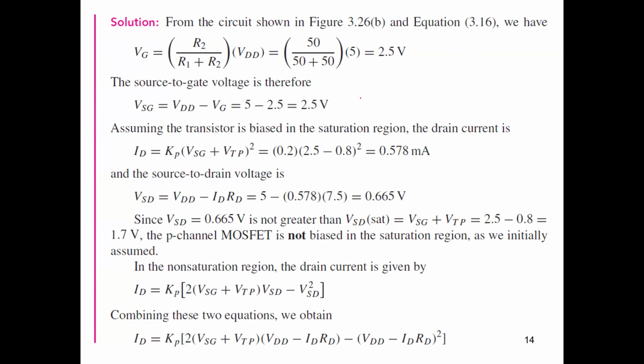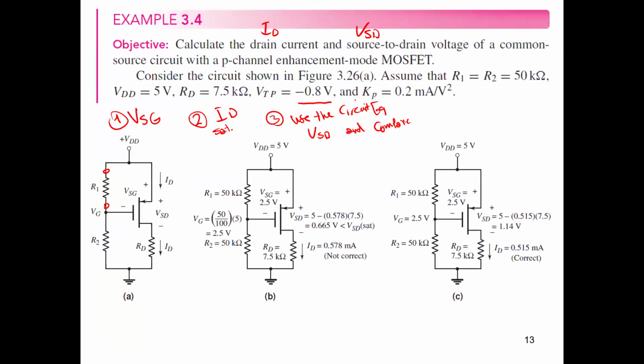Someone can say, why we didn't use from the beginning R1 divide R1 plus R2 times VDD. It's correct. If you would like to do that, I 100% agree with you. But the textbook here, guys, just would like to unify the equations.